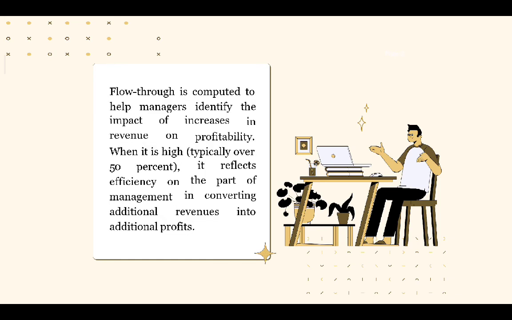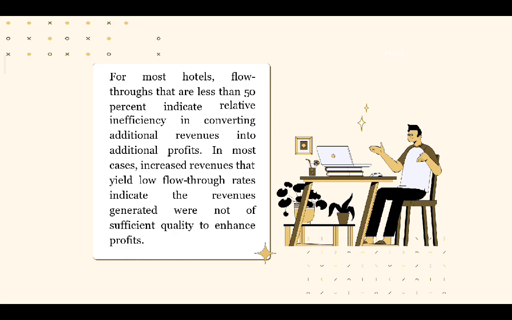Flow-through is computed to help managers identify the impact of increases in revenue on profitability. When it is high, typically over 50%, it reflects efficiency in converting additional revenues into additional profits. For most hotels, flow-throughs that are less than 50% indicate relative inefficiency in converting additional revenues into additional profits.